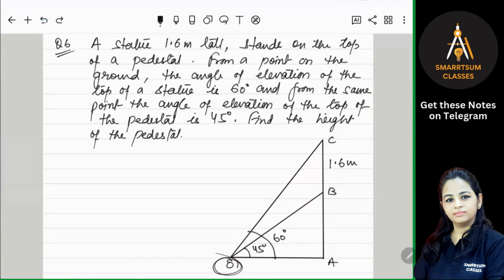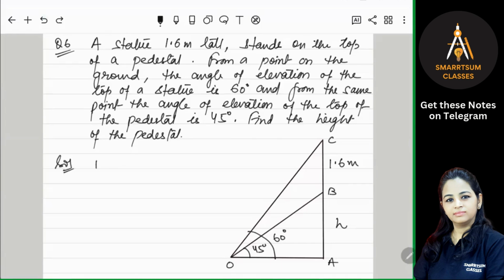Now what we have to find? We have to find the height of the pedestal. That means this height, h. We have to find the height of the pedestal. Is that clear? So here, what we have, BC is the statue.